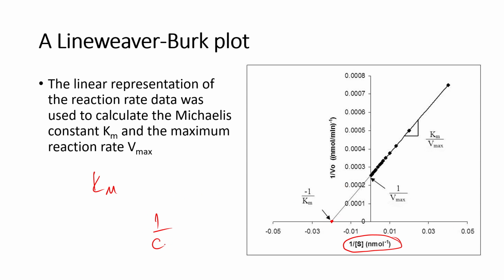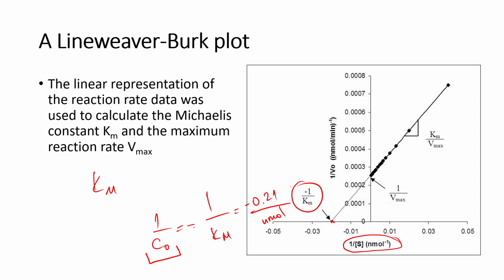Let's call this point 1 over C0, and it would be equal to minus 1 over the Michaelis constant. So this part would be equal to minus 0.21-ish. And of course it is per nanomole.